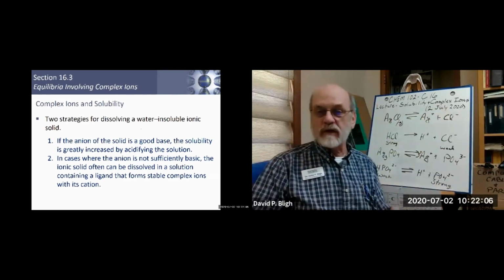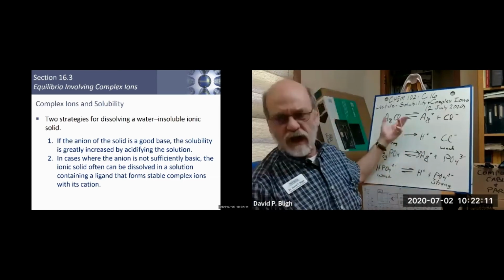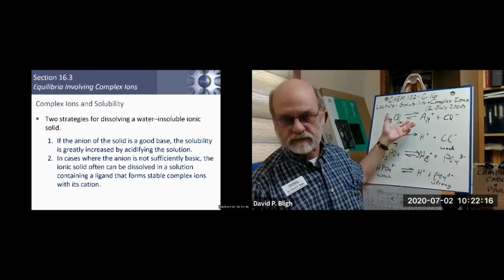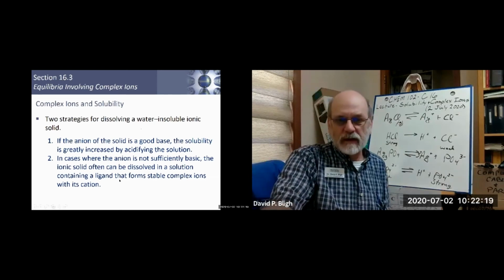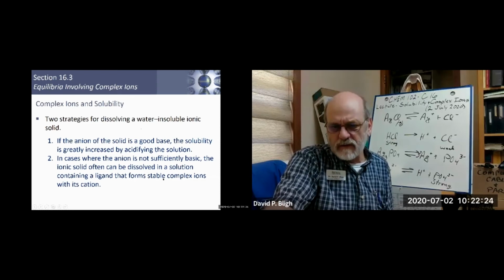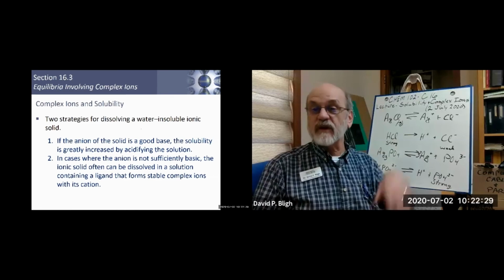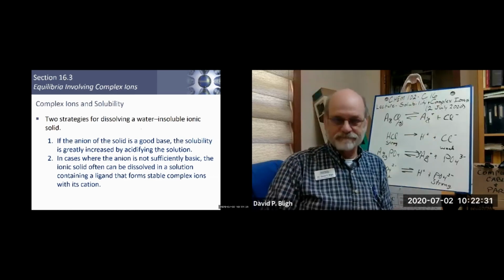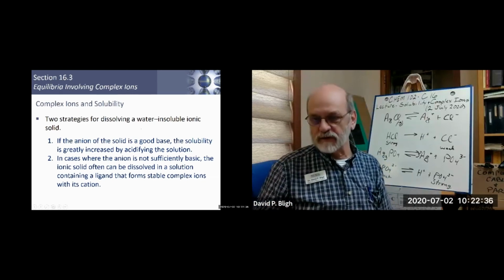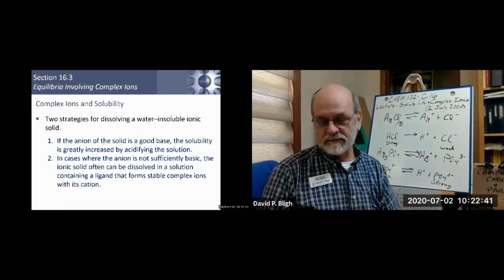That's what the formation of a complex ion does. And in this case, our example was diammine silver. Okay, and all they mean by stable complex ion is one in which the K value is very high. There are lots of complex ions that are not stable. They have very low formation constants.